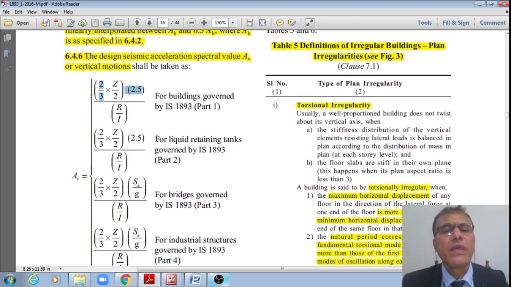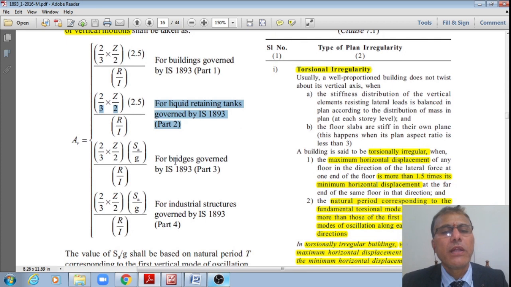Likewise, please see liquid retaining tanks governed by IS 1893 Part 2. It is the same, two-thirds of that as we have seen above. And for bridges governed by IS 1893 Part 3, it is the same, two-thirds of ZI by 2R multiplied by Sa by g, whatever that Sa by g value is.